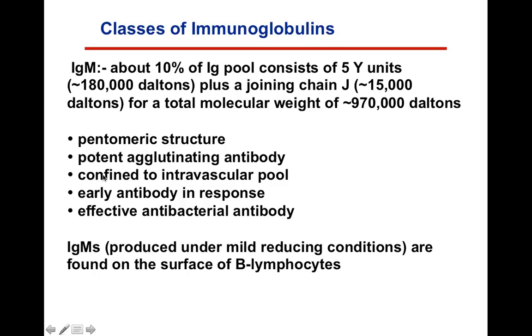You'll find this on the surface of B cells, and before it's excreted, it's an early response to an infection. In fact, it's rather an ancient response, and so these are really important in the early days of an infection. We'll see more about that later when we talk about antibody mediated immunity.